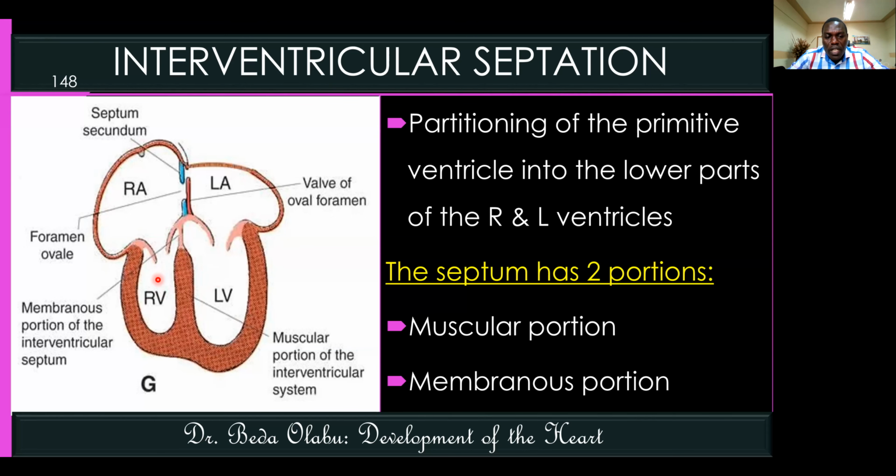Will blood flow from right to left, or will blood flow from left to right? You can write that in the chat. How will blood flow if you have a ventricular septal defect? Ventricular septal defect is commonly abbreviated as VSD. How will blood in a VSD flow? Right to left or left to right?